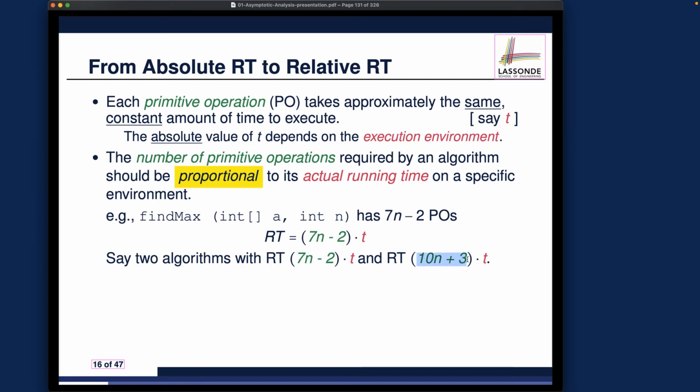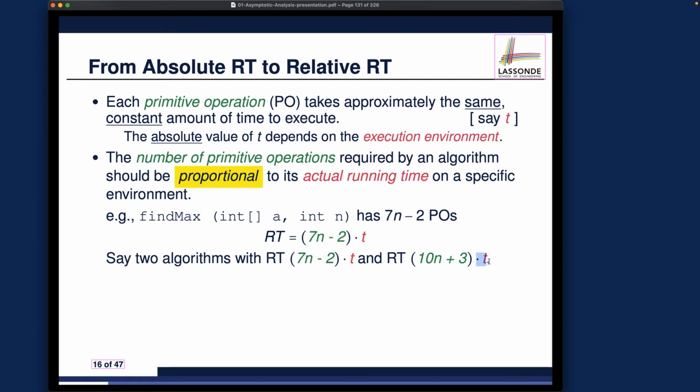What I'm doing here is moving from absolute running time into relative running time. When we calculate, for example, 7n minus 2 multiplied by t, this is the absolute running time. But by dropping the t, given that every algorithm is ideally, theoretically going to be executed in the same physical environment, the t will just be the same.